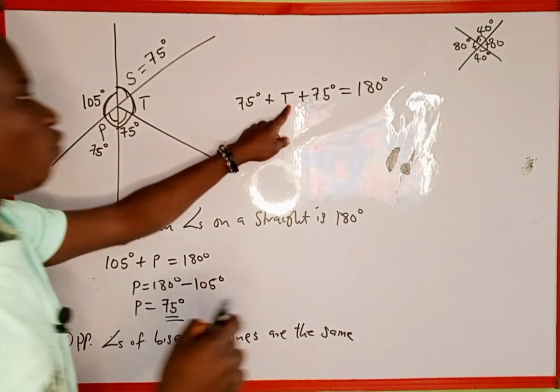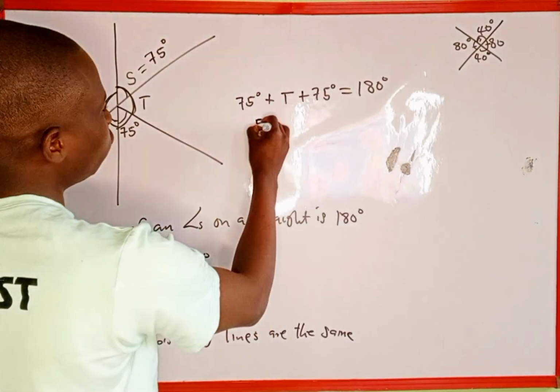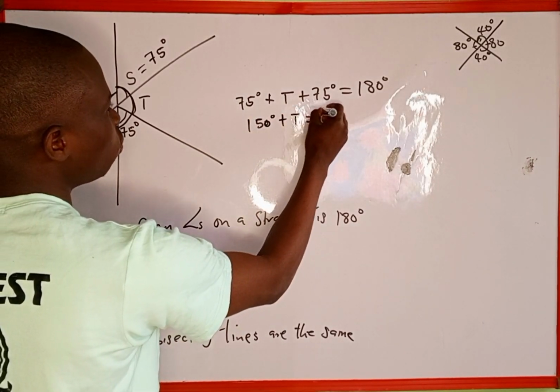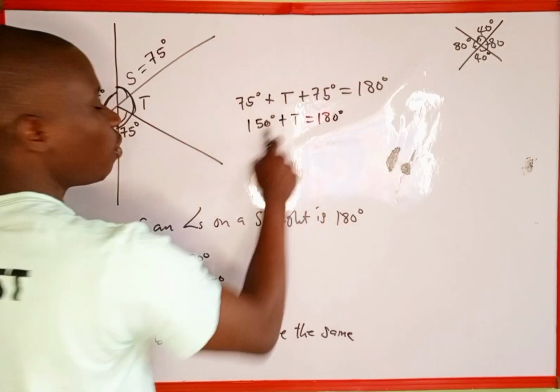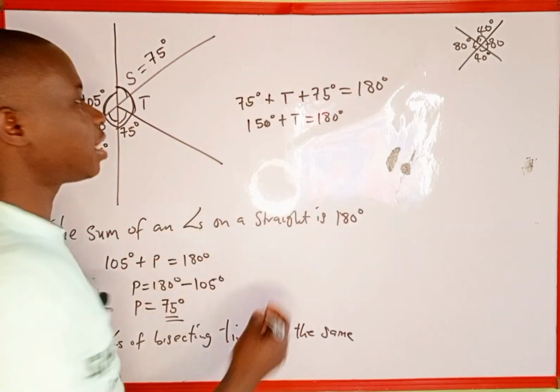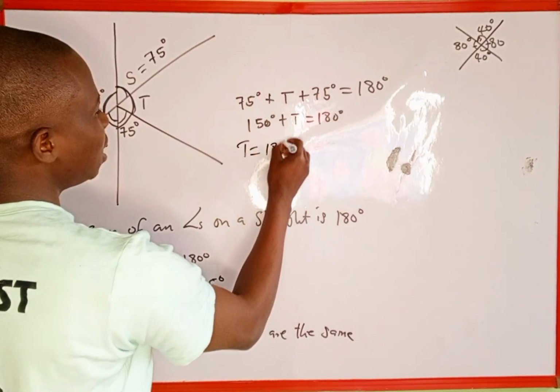Now we're going to solve for T. First, we add these two terms. 75 plus 75 is going to give us 150 degree, then plus T is equal to 180 degree. Now we make T the subject of the formula and take this 150 degree to the right hand side of the equation. We have T now equal to 180 degree.